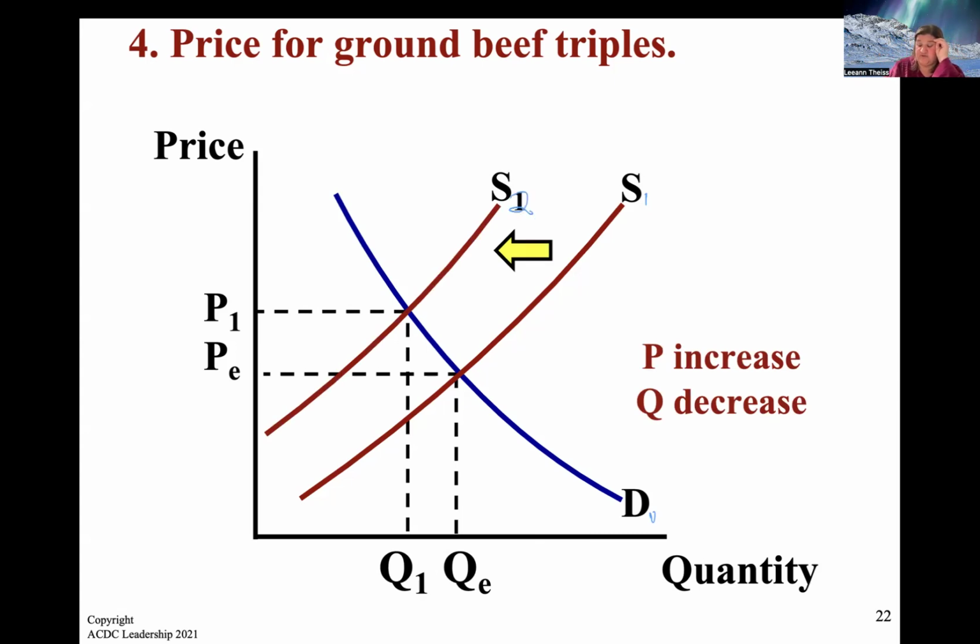Make sure you've included your arrow. Make sure you marked your new equilibrium point and dropped down Q2, P2. And what happened to the market? Well, price went up, quantity went down. That was the effect on the hamburger market when the price for ground beef tripled.